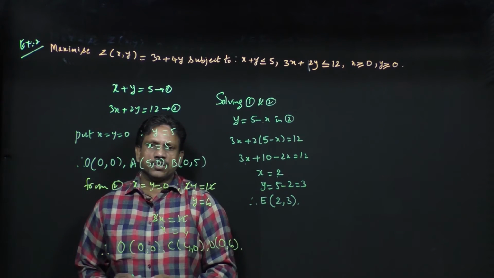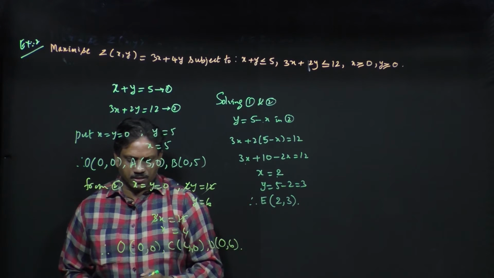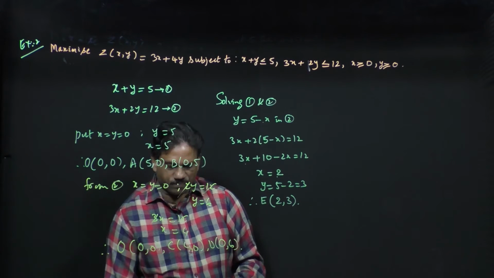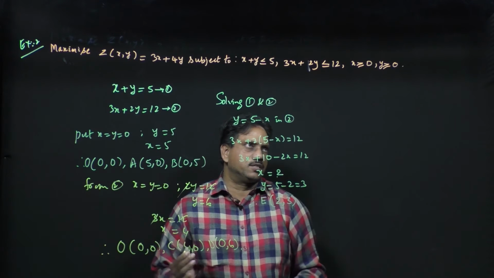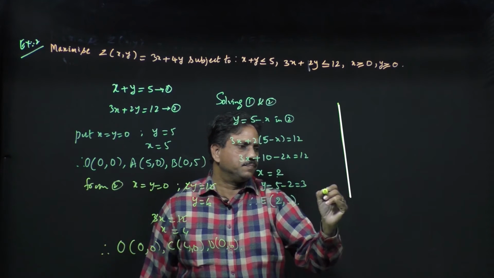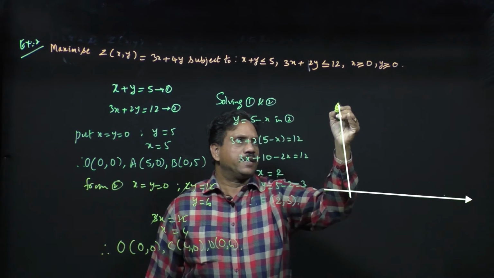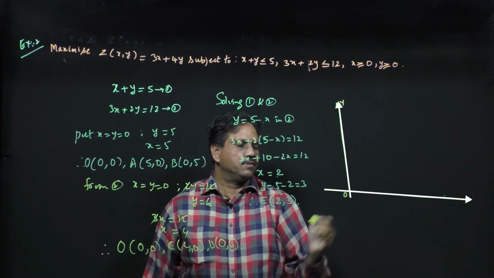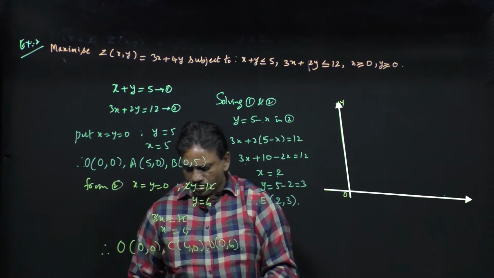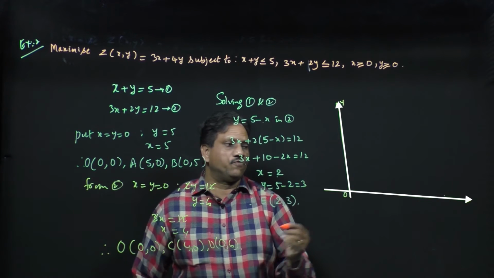Now we have got all the corner points of these two line equations. We have to plot them on the graph paper. For that, let us take the graph and the coordinate axes, y-axis and x-axis. The first line is x plus y equal to 5.